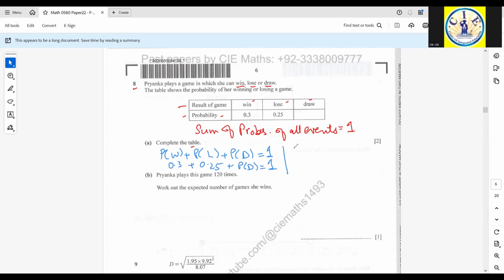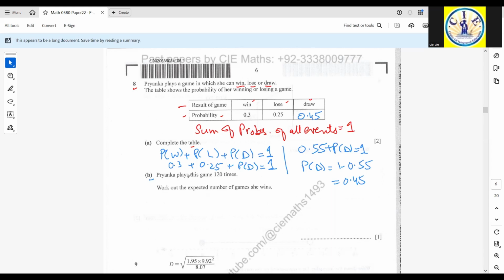So this will give me 0.55 plus probability of draw is equal to 1. So from here, probability of draw is 1 minus 0.55, which is 0.45. So probability of match being drawn is 0.45.